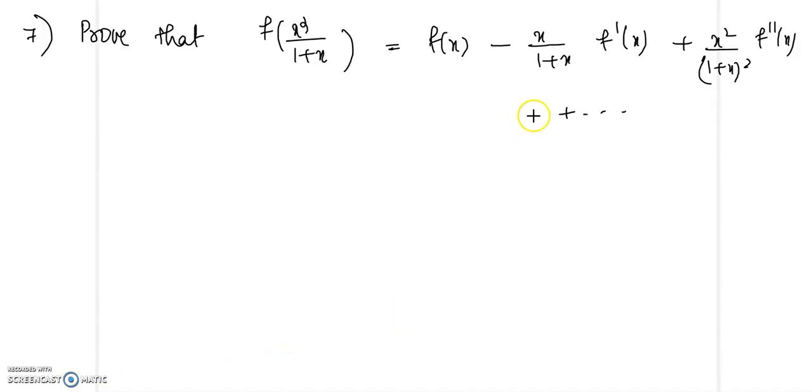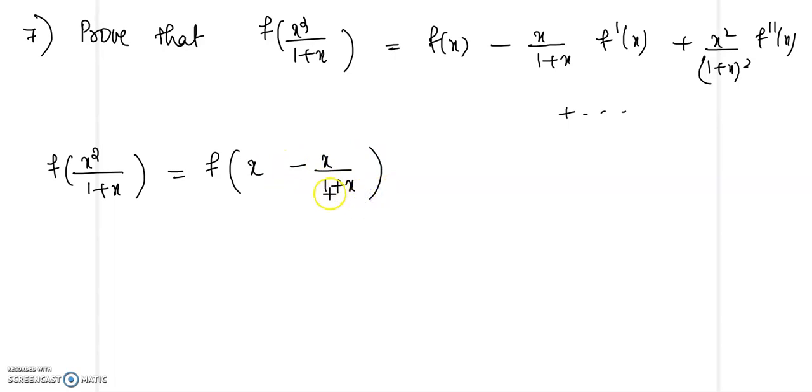Next problem is to prove that f of x square by 1 plus x equal to f of x minus x by 1 plus x into f dash plus x square by 1 plus x whole square f double dash of x plus etc. So here we have f of x square by 1 plus x. So this can be rewritten in the form f of x minus x by 1 plus x.